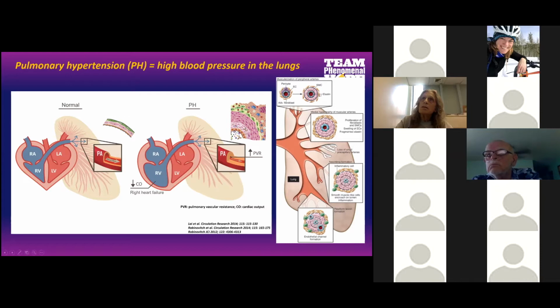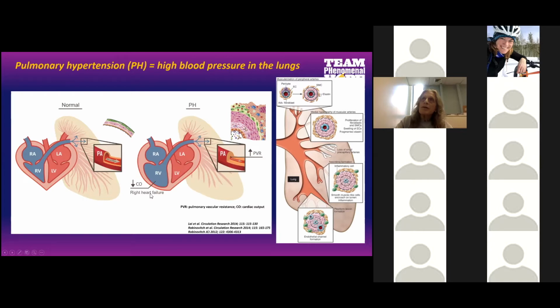So it's a lot of abnormal proliferation of the cells in your vessels. So the vessel becomes thicker, more stiff, and then you can see the lumen becomes narrowed. So the blood from the right side of the heart becomes difficult to pump through the vessel. In this case, the pulmonary vascular resistance goes up, and then the pulmonary pressure goes up.